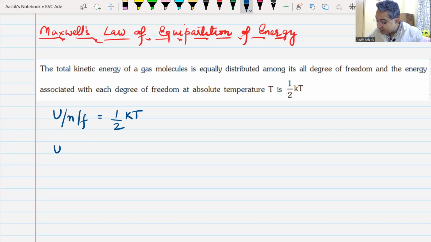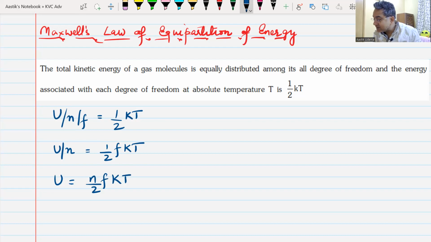So from here you can write energy per molecule will be half F into kT, or total kinetic energy of the gas molecules will be N by 2 FkT. Do we understand what I have said here? Yes, sir. The same thing can be said in terms of energy per mole per degree of freedom.